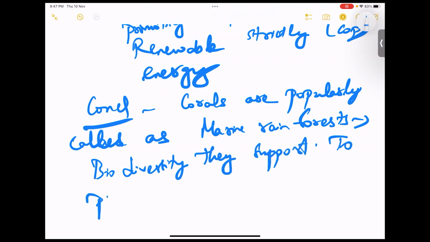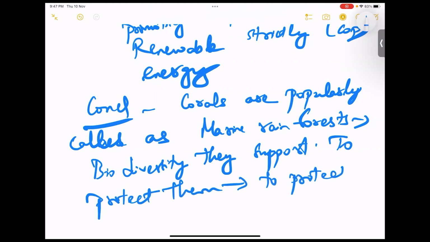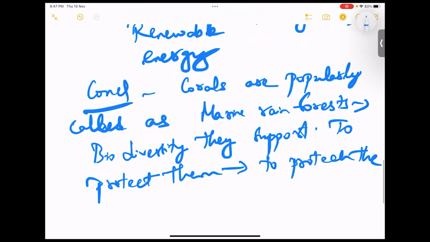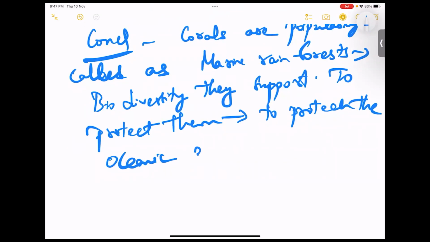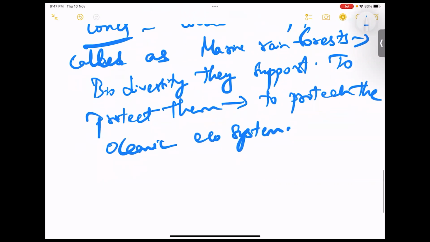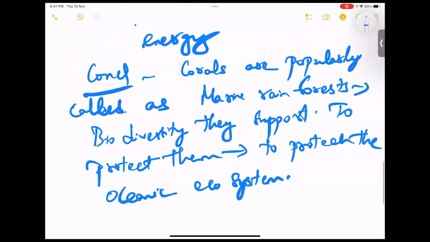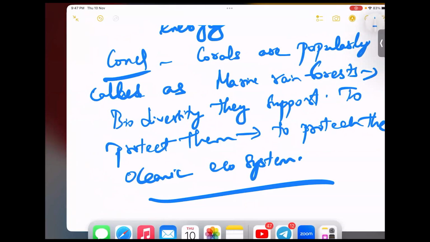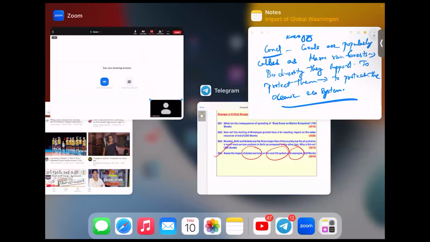To protect them means to protect the oceanic ecosystem. Hence, you can conclude like this, not a problem. Clear? Yes, sir.